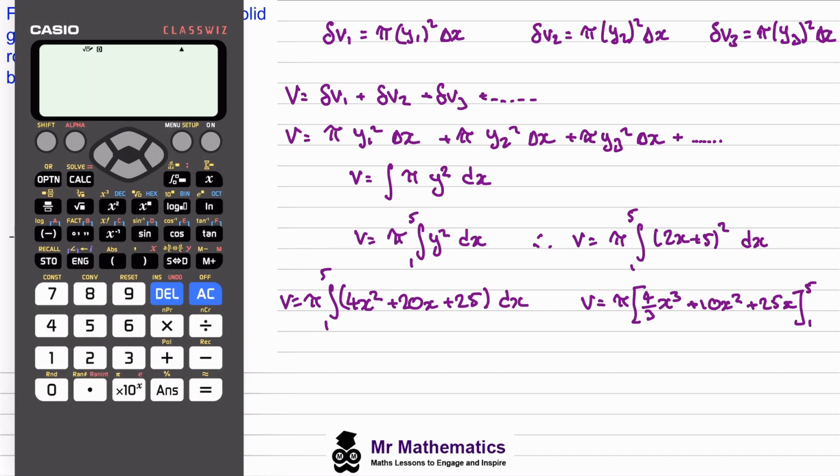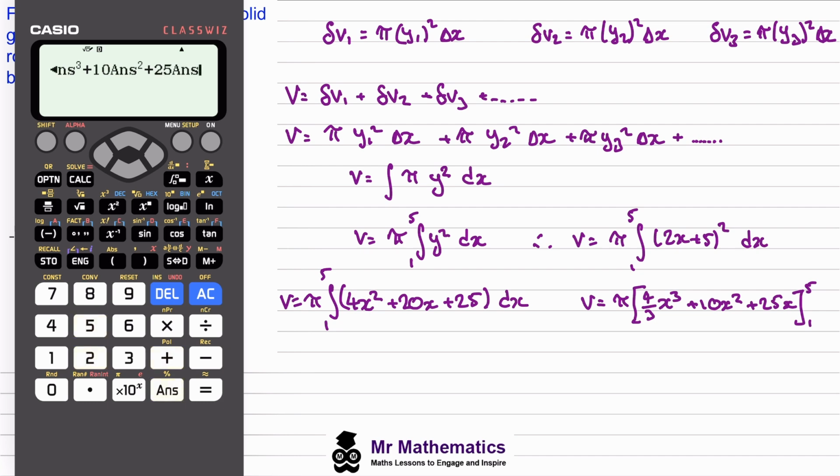So we'll substitute our upper limit into the expression. When I substitute this 5 into this expression, I find it much easier to store 5 as the previous answer, because now all I have to do is 4 over 3 times the previous answer, 5, to the power of 3, plus 10 lots of the answer, 5 squared, plus 25 lots of the answer.